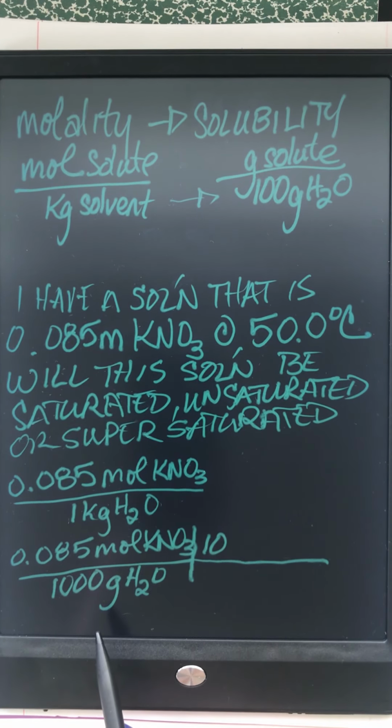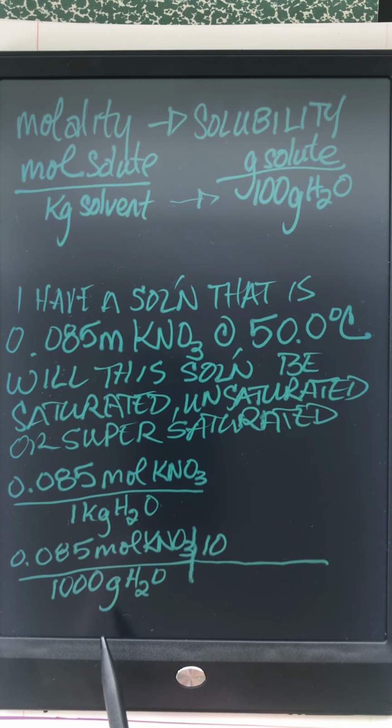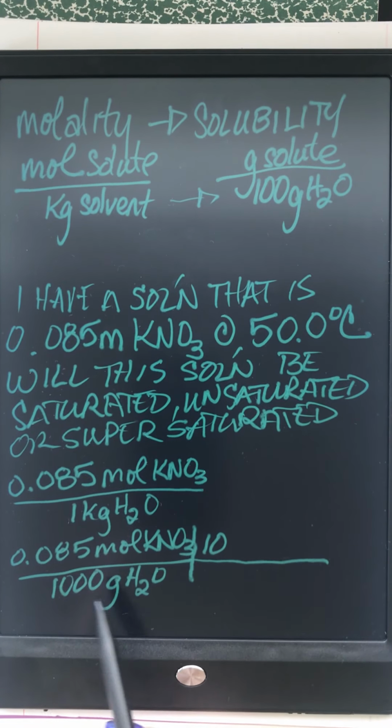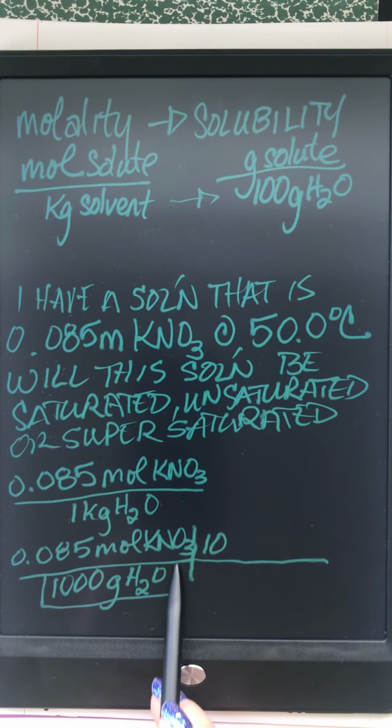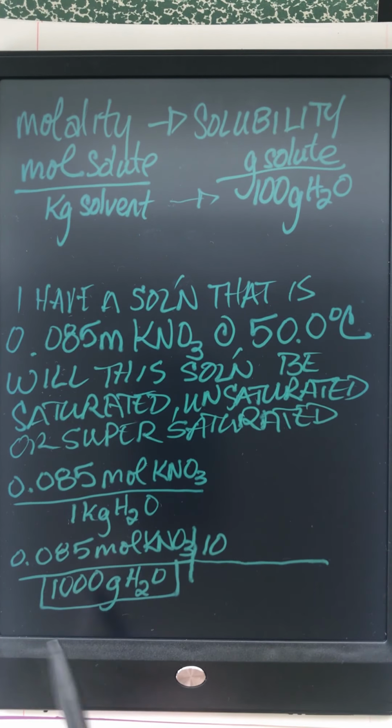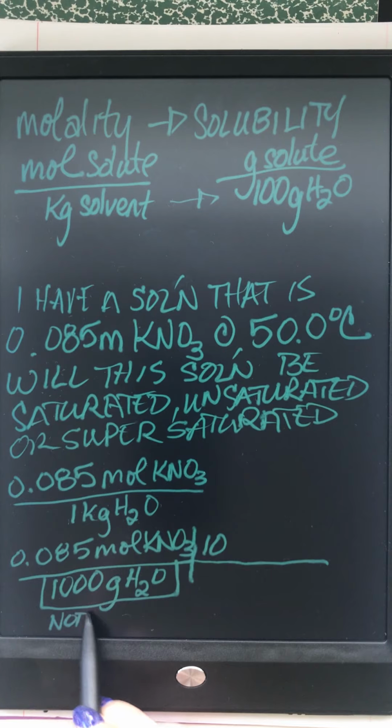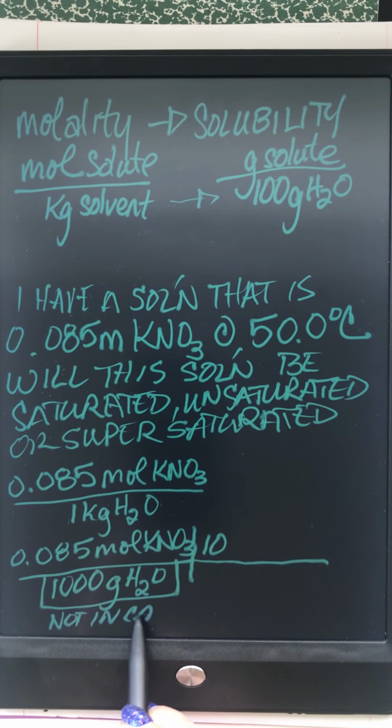Now here's the tricky part. This is where it gets tricky. We're not actually dividing by this number at all, right? So this number is just hanging out here. We're not putting it in our calculator. Okay? Does that make sense, guys?